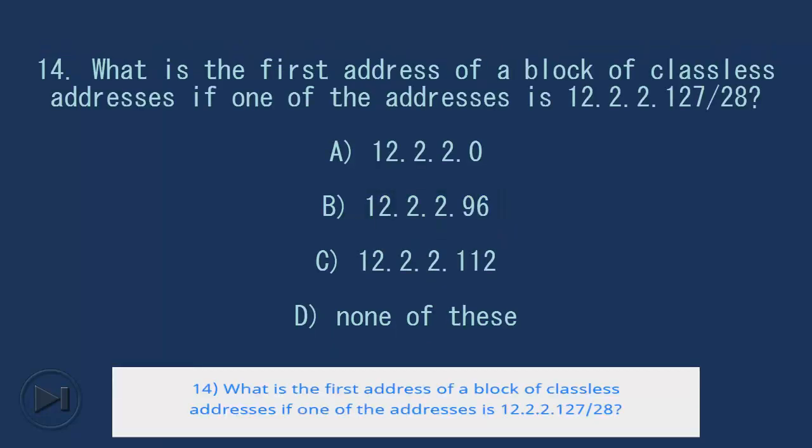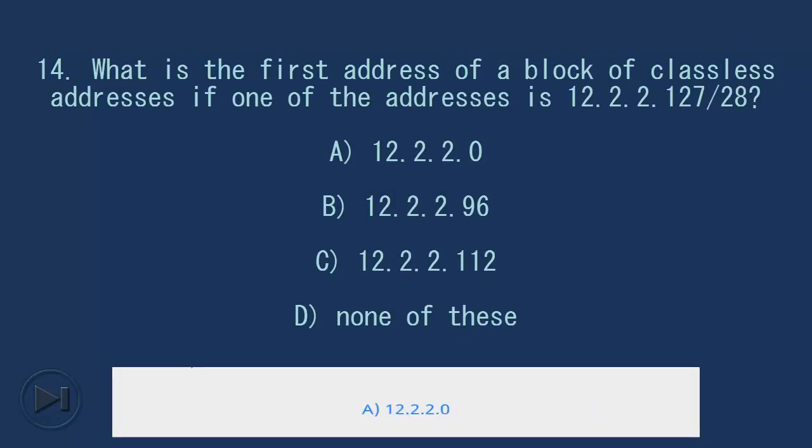14. What is the first address of a block of classless addresses if one of the addresses is 12.2.2.127/28? A. 12.2.2.0. B. 12.2.2.96. C. 12.2.2.112. D. None of these.